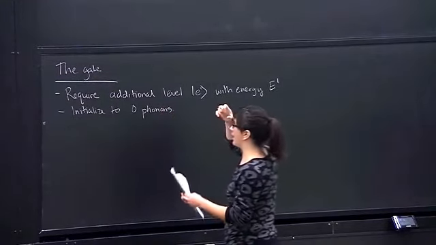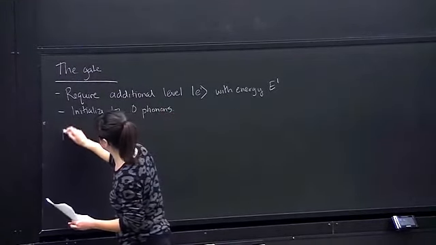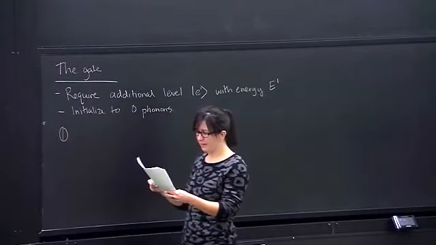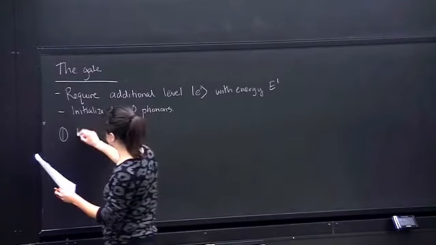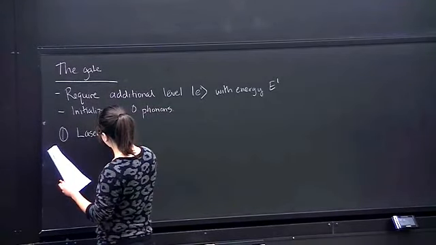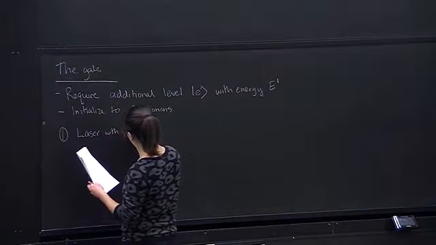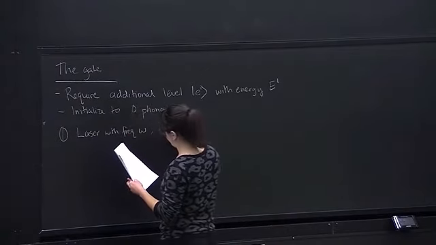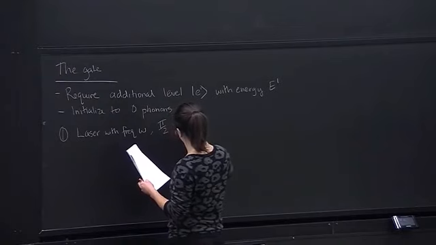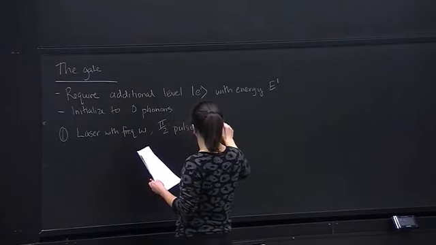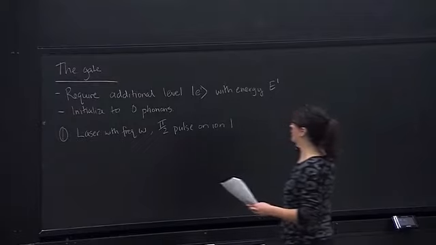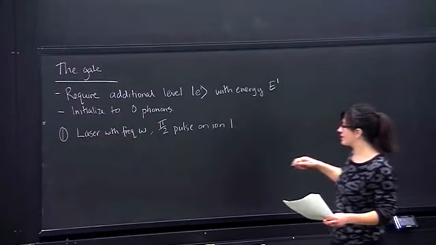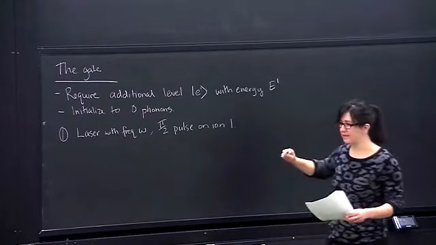And now this is how you do the gate. So the first step is to take the first ion, and we take a laser with frequency omega, and we pick our J and our T appropriately so that we do a pi-on-2 pulse on the state.